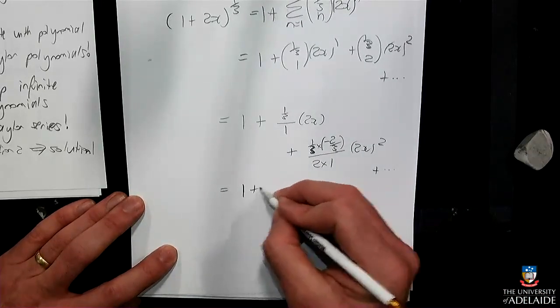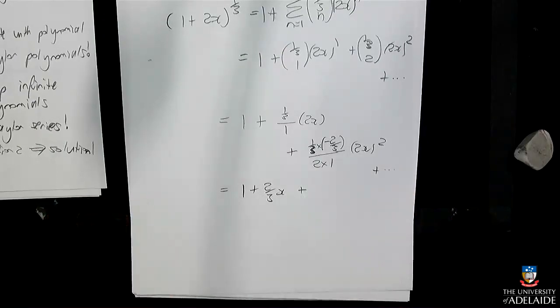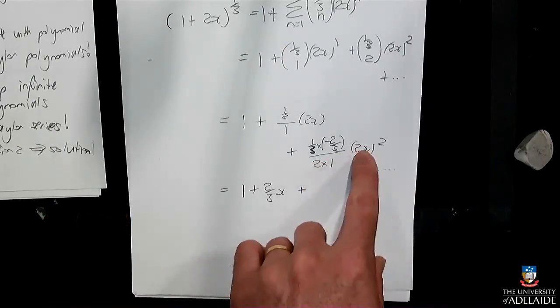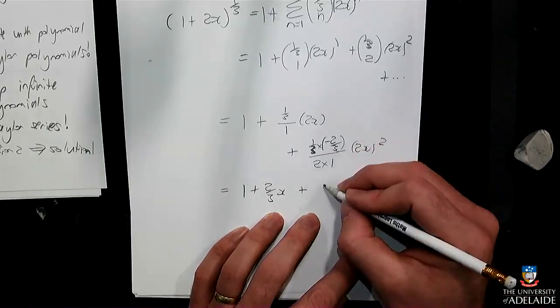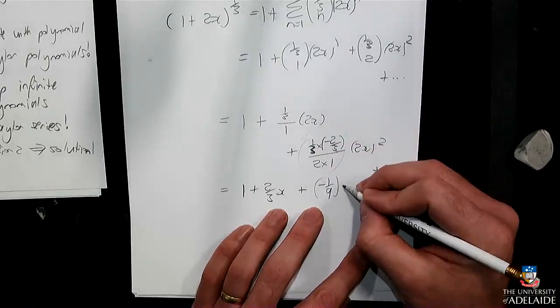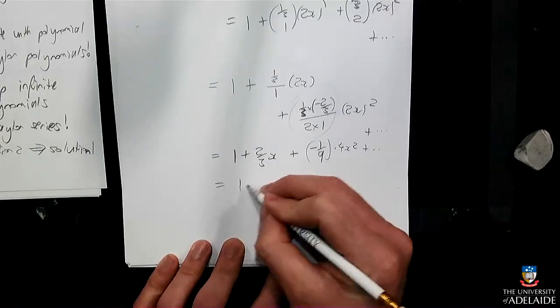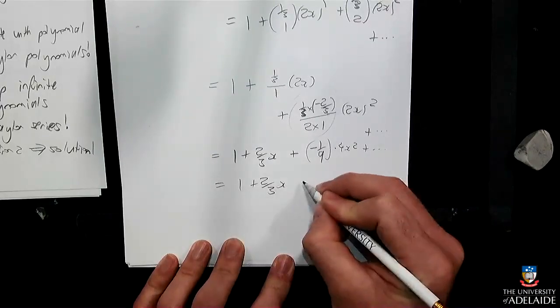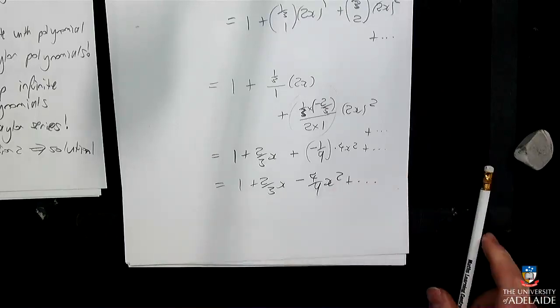So I get 1 plus 2/3 of x plus, so that 2 cancels with, oh no, just a second. That's minus a ninth there, all of this times 4x squared. So that's 1 plus 2/3 of x minus 4/9 of x squared plus forever, and I'll stop there.